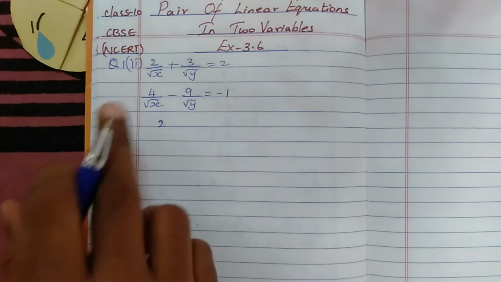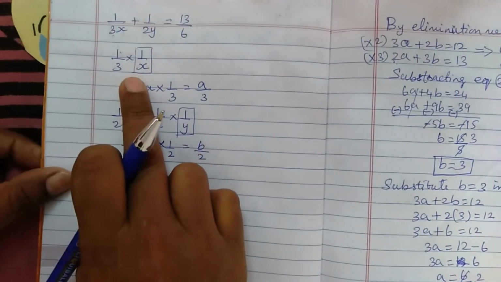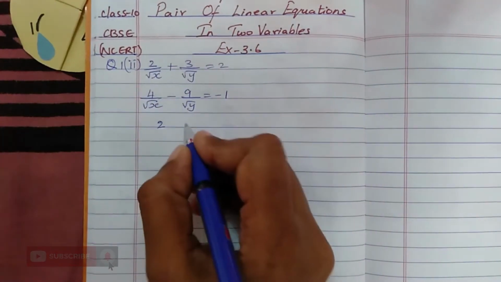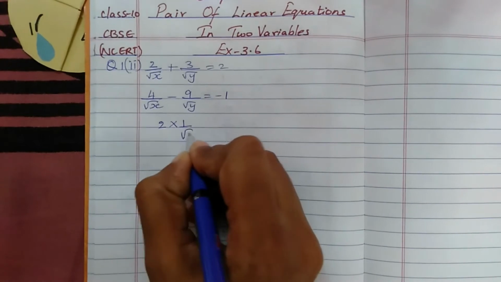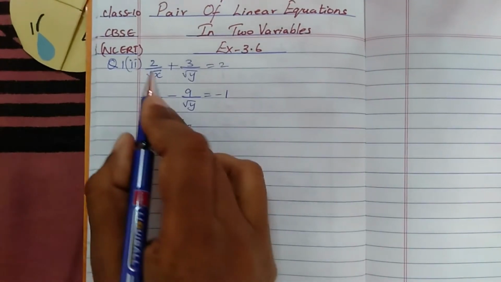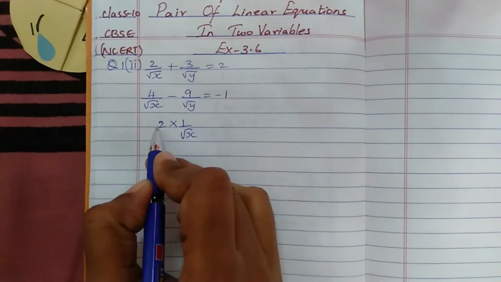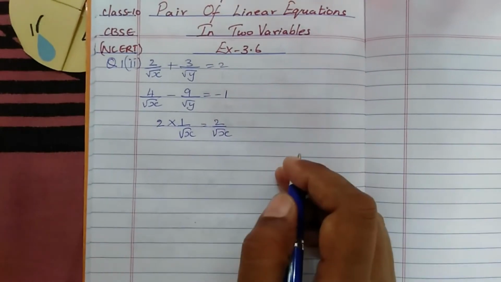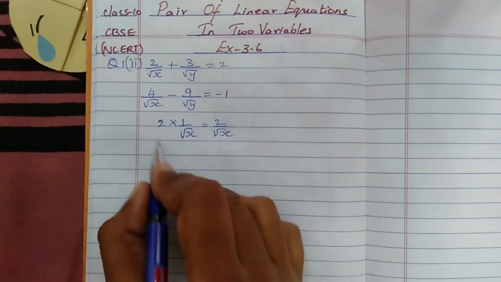Just like how you needed a 1 by x there, here you need a 1 by root x. So 1 by root x, and what is remaining? 2 is remaining. So 2 into 1 by root x will give you 2 by root x. This is how you will be splitting it.